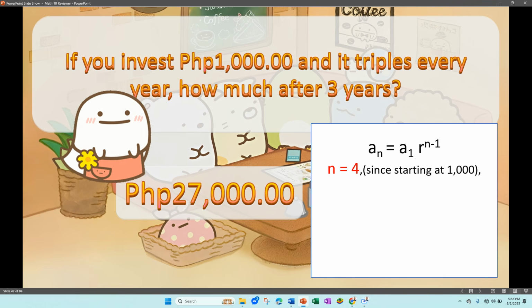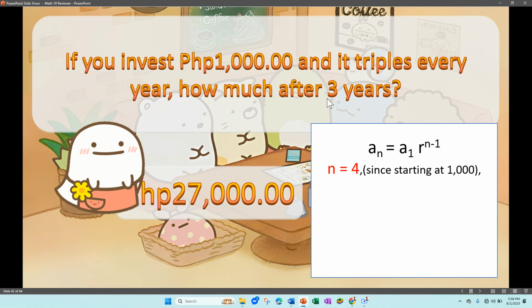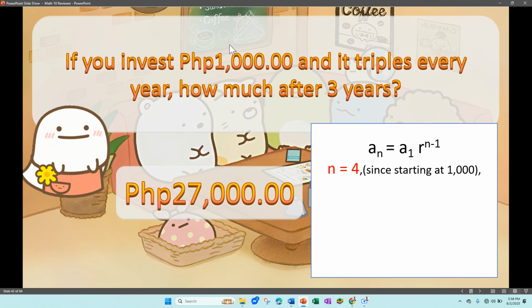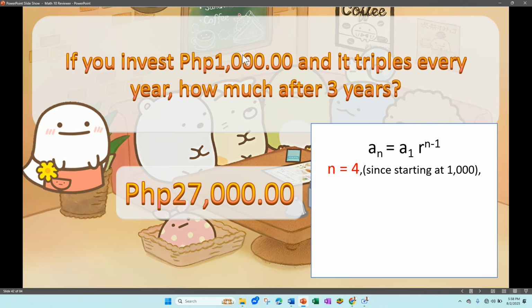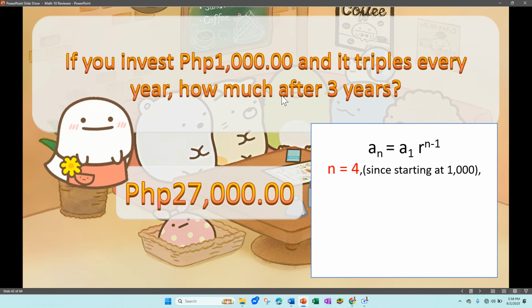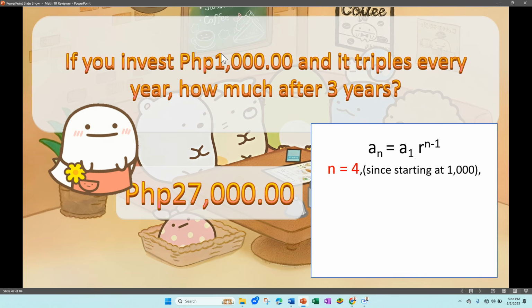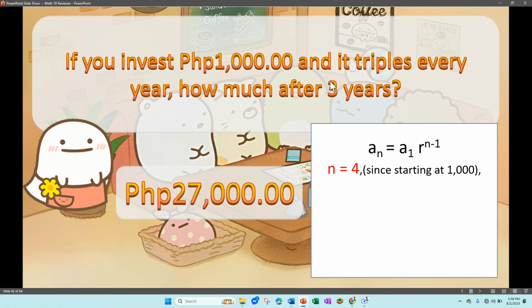Where n is 4. Bakit 4? Why not 3? 4 since starting tayo ng 1,000. Wala pa pong tubo to. Okay? So original money po natin is 1,000. After a year, magkakaroon na ng interest, and that is triple of 1,000 is 3,000 na.